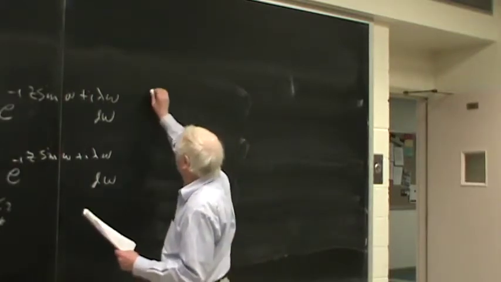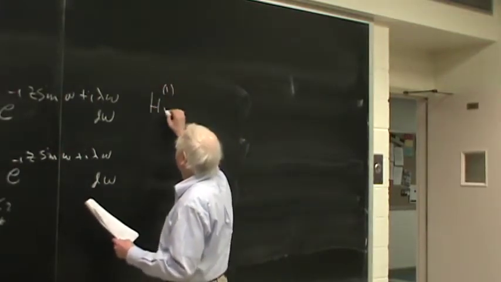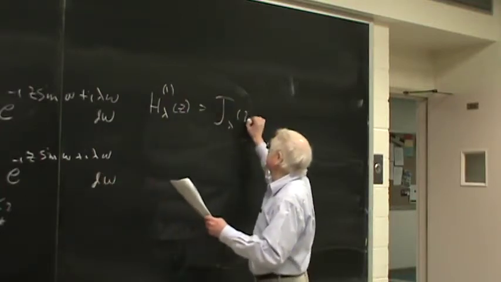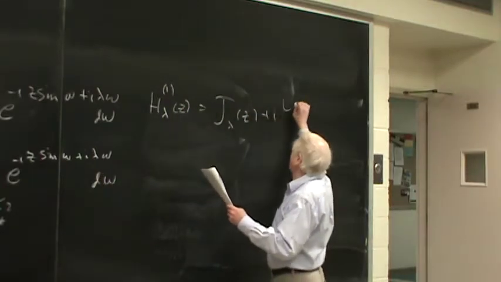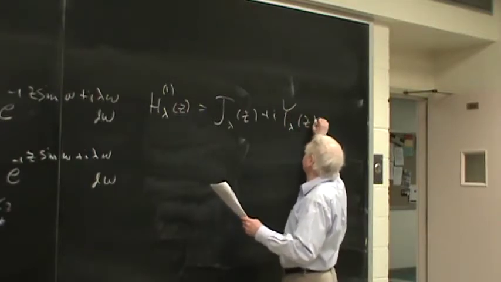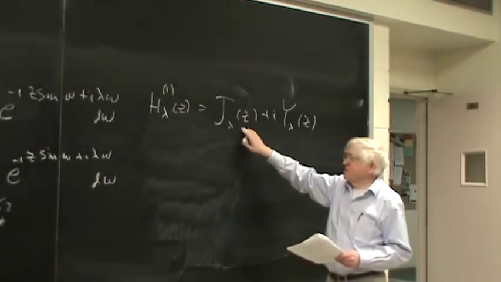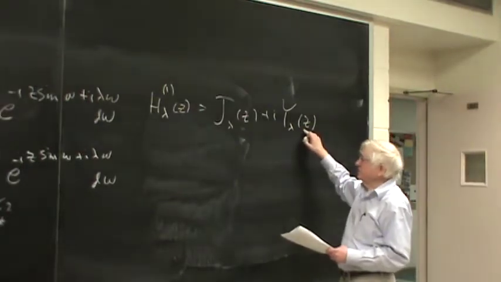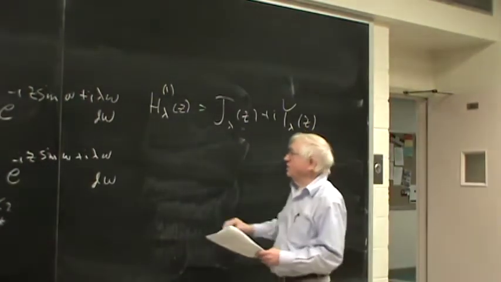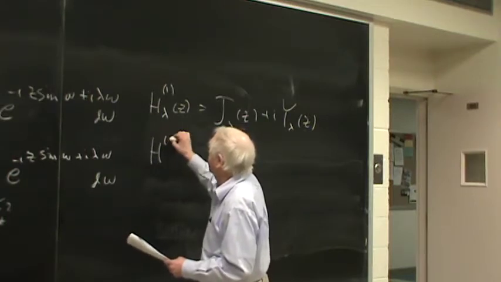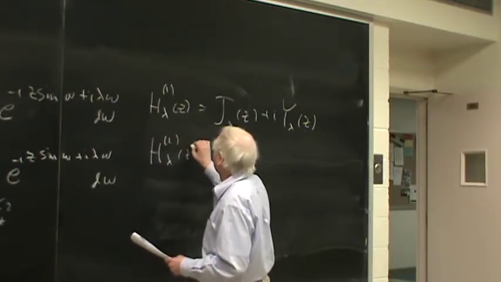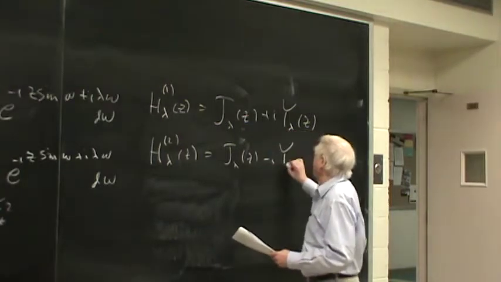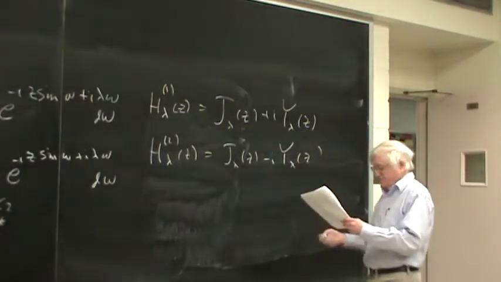That is to say, one writes H1 lambda of z as j lambda of z plus I y lambda of z. And so these are the ones that are regular when z is small. These are the ones that are irregular when z is small. And similarly, H2 lambda of z is then j lambda of z minus I y lambda of z.